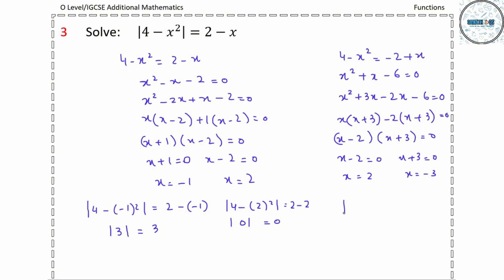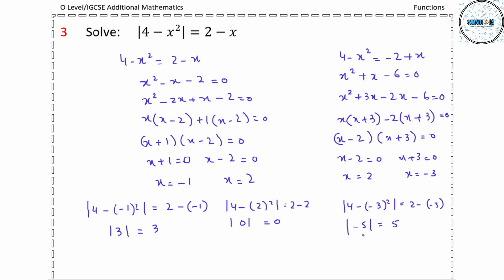Now we will check with minus 3. 4 minus minus 3 squared is equal to 2 minus minus 3. 4 minus 9 is minus 5, is equal to 2 plus 3, which is 5.